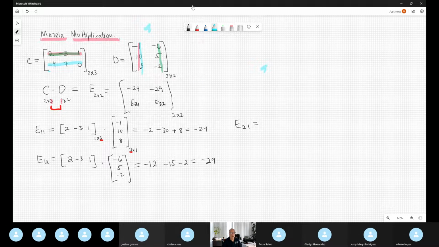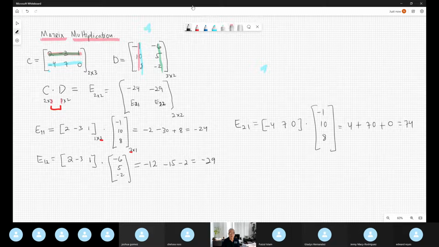You copy -4, 7, and 0, not necessarily, you can do it mentally, but it's okay. Multiplication by the column vector -1, 10, and 8. It is 4 plus 70, 7 times 10, plus 0, that is 74. This is 74.